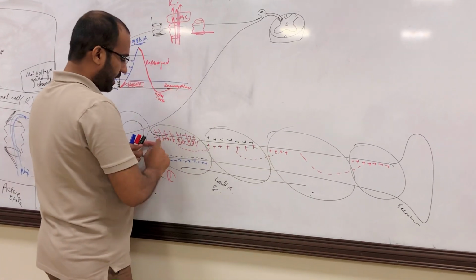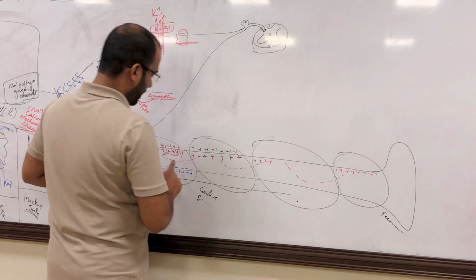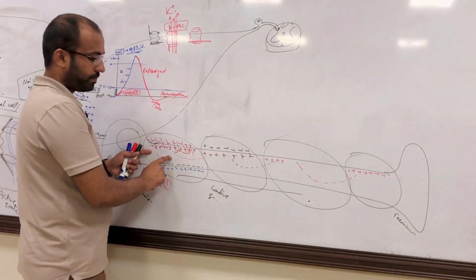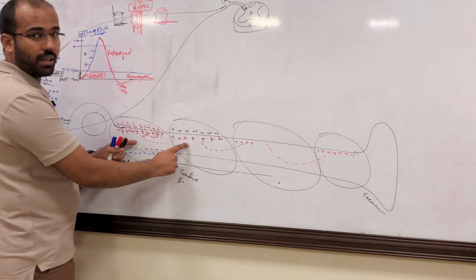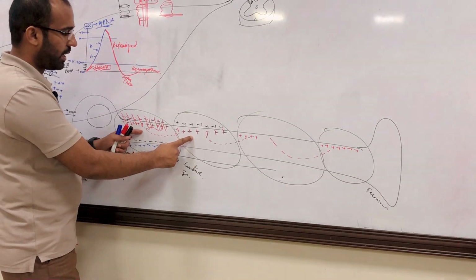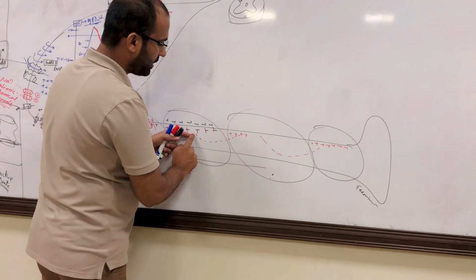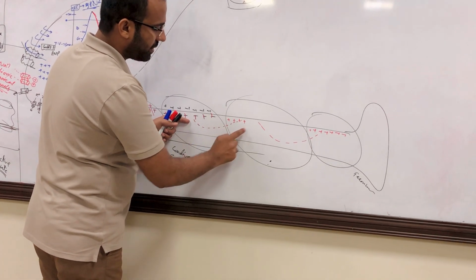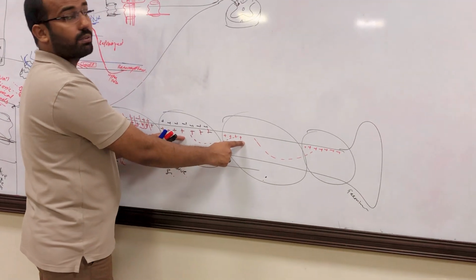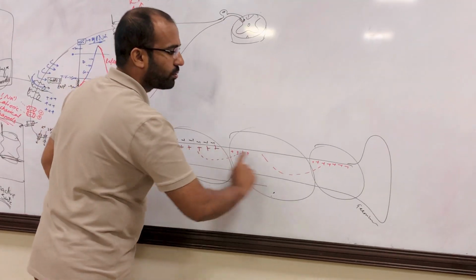When this area depolarizes, the previous area becomes repolarized, and when the next area is depolarized, it in turn depolarizes the following area and the depolarized area becomes repolarized, and so forth.